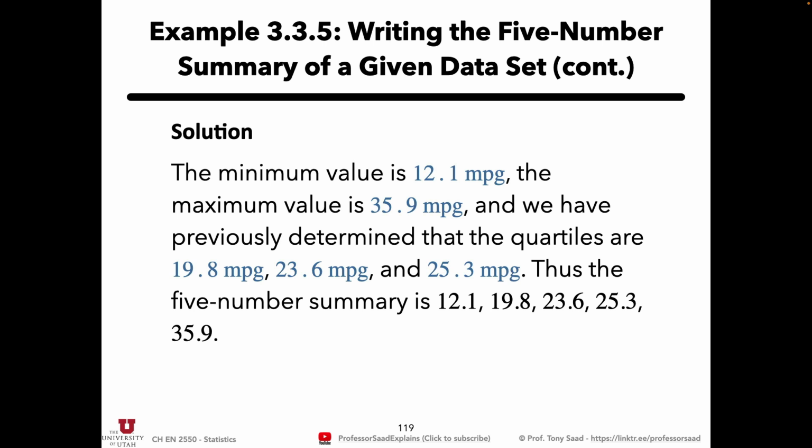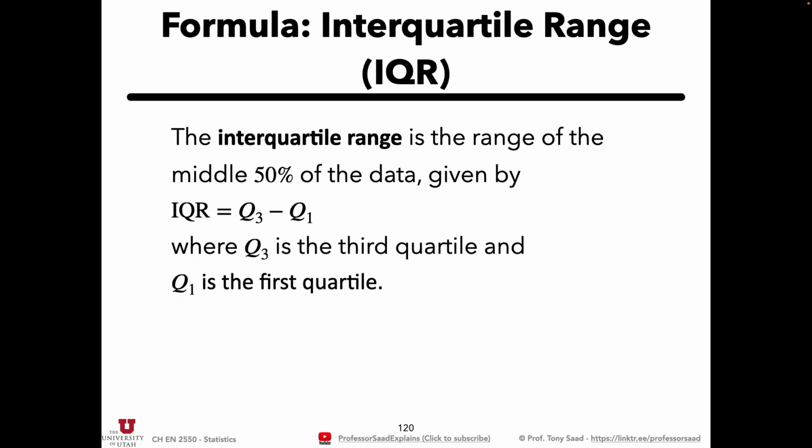So those 5 numbers together are called the 5-number summary, and they are very useful in summarizing a ton of data and reporting data. There's one more quantity that we can measure.